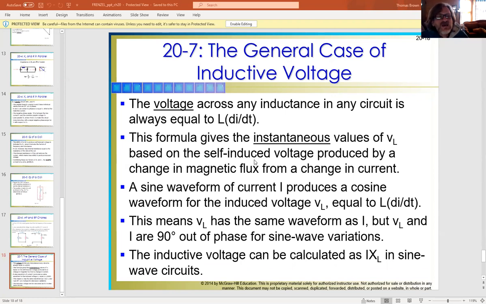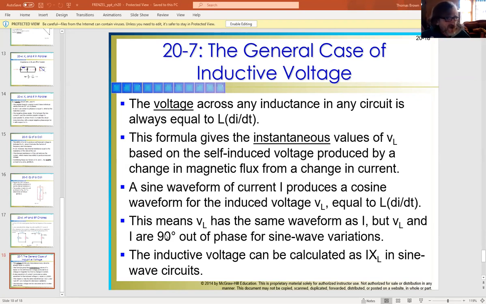Because of that, our current and our voltages are out of phase. The current comes through, and because of the charge phenomenon occurring here, we produce a lag effect.